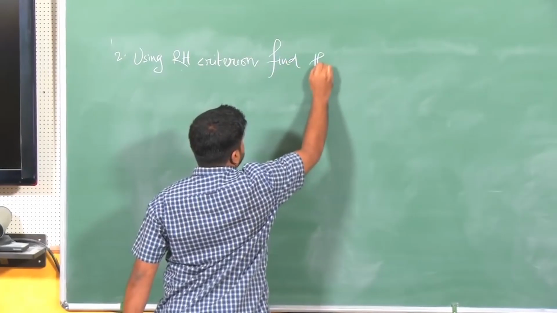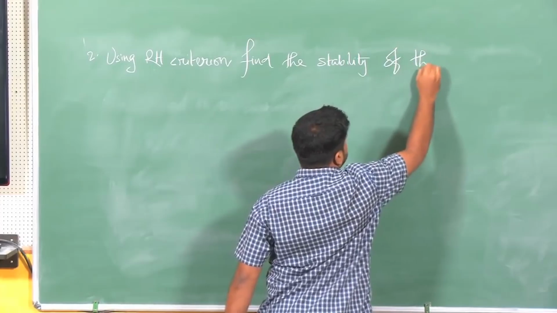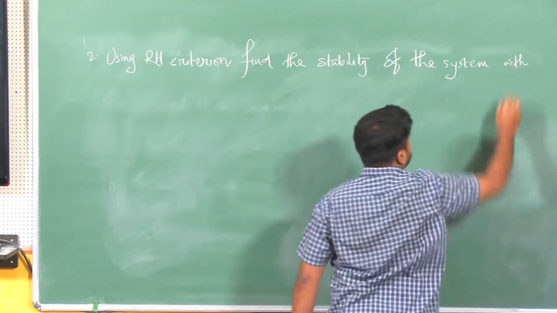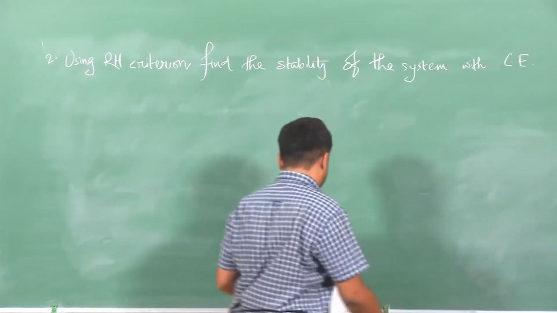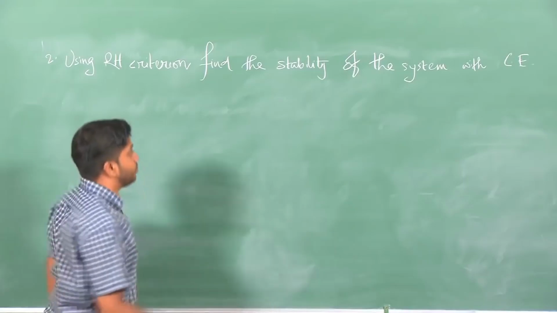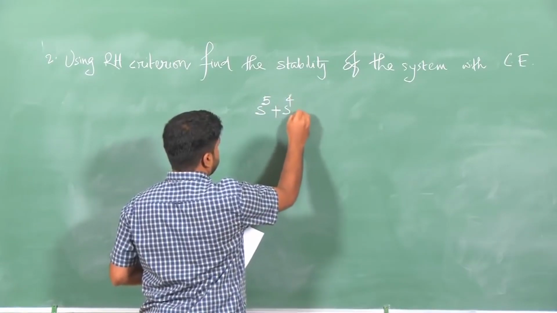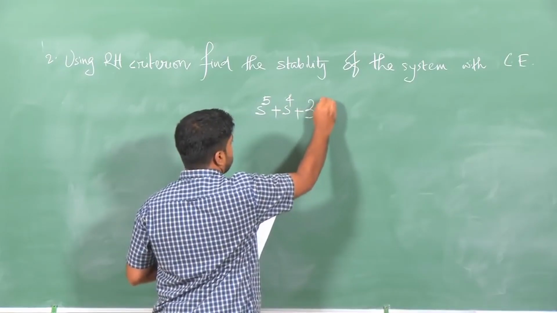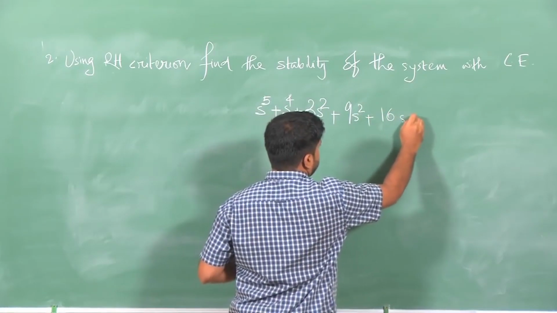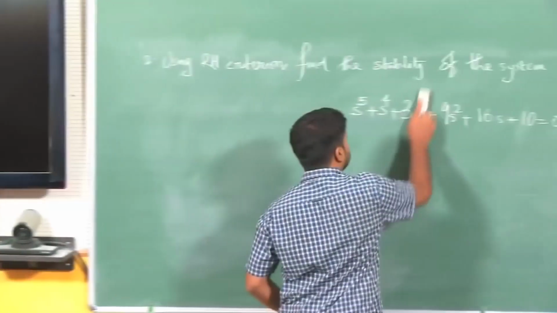Find the stability of the system with characteristic equation s to the power 5 plus, and then 3 s cube.